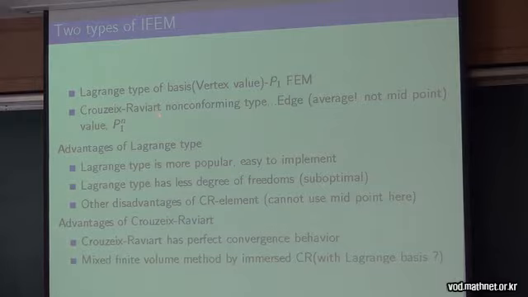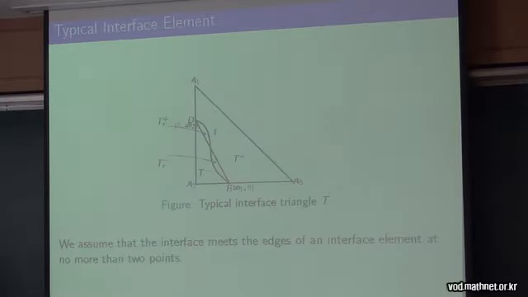That means the degree of freedom is located at the edge, not at the vertex but along the edge. Usually people take the average value along the edge. For a linear function, the average value along the edge is the same as the midpoint value, so they do not distinguish.